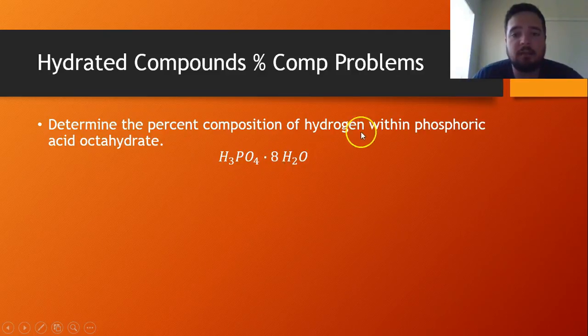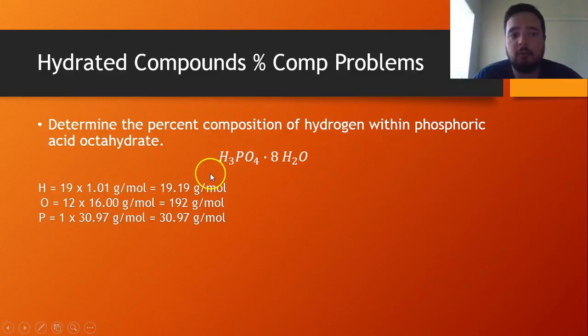Now it's asking for the composition of just hydrogen, but I'm still going to break it down like normal. My 19 hydrogens comes from the 3 here, and then the 8 times 2 here, so 16 plus 3 is 19. 12 oxygens comes from the 4 here, 8 times 1 is 8, 8 plus 4 is 12, and then I have the 1 phosphorus. So I add them all up together, and my entire compound molar mass is 242.16 grams per mole.